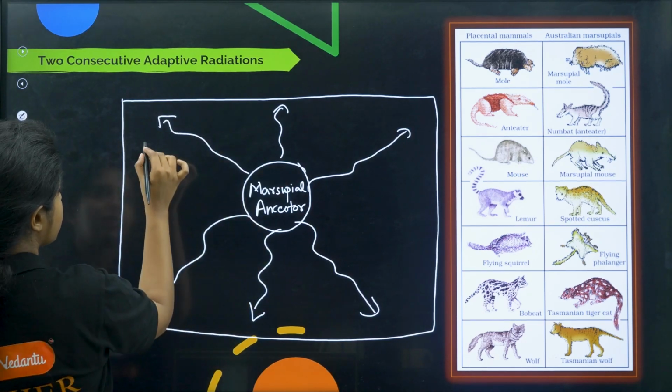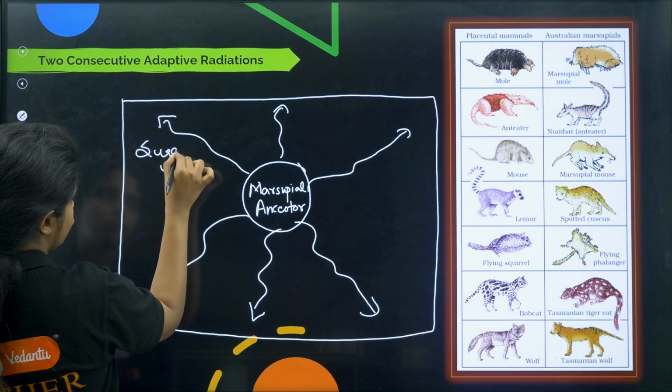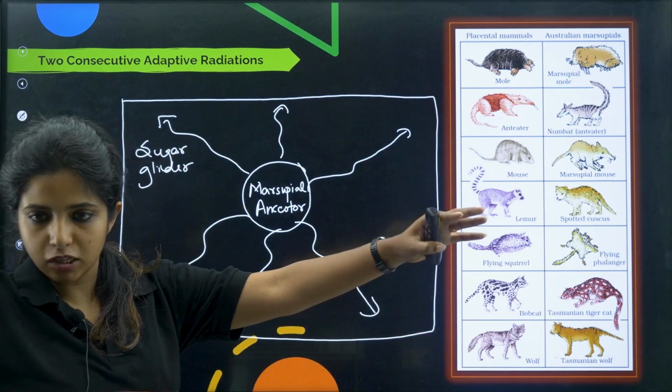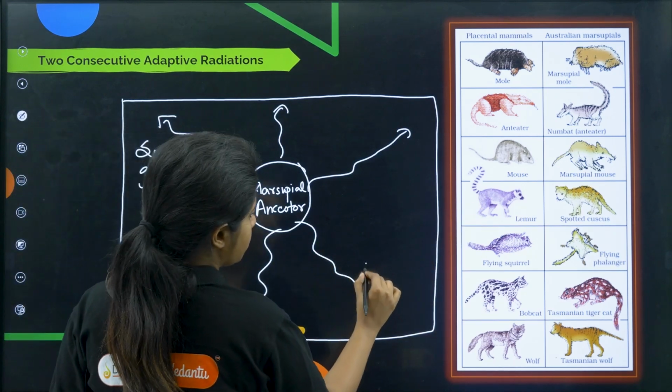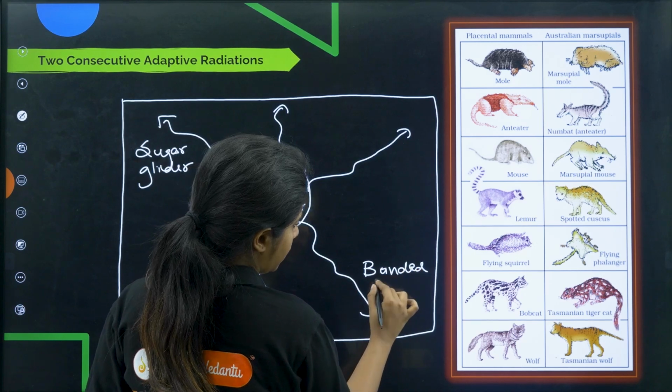One example is what glider? Sugar glider, which had something like this which could make it fly. And then we had banded anteater. It had so many bands on it and it was an anteater.